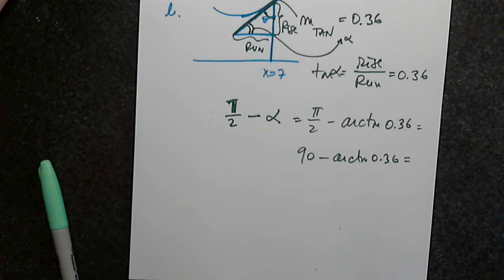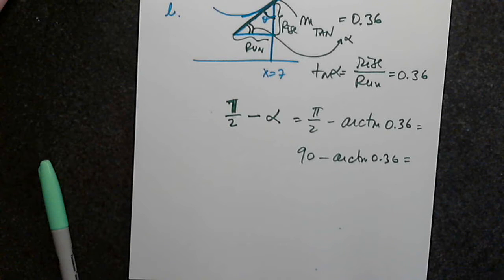I can change this into degrees, or I can say 90 minus, I change the mode into degree mode, and then I say minus arctangent, and in parentheses 0.3571.